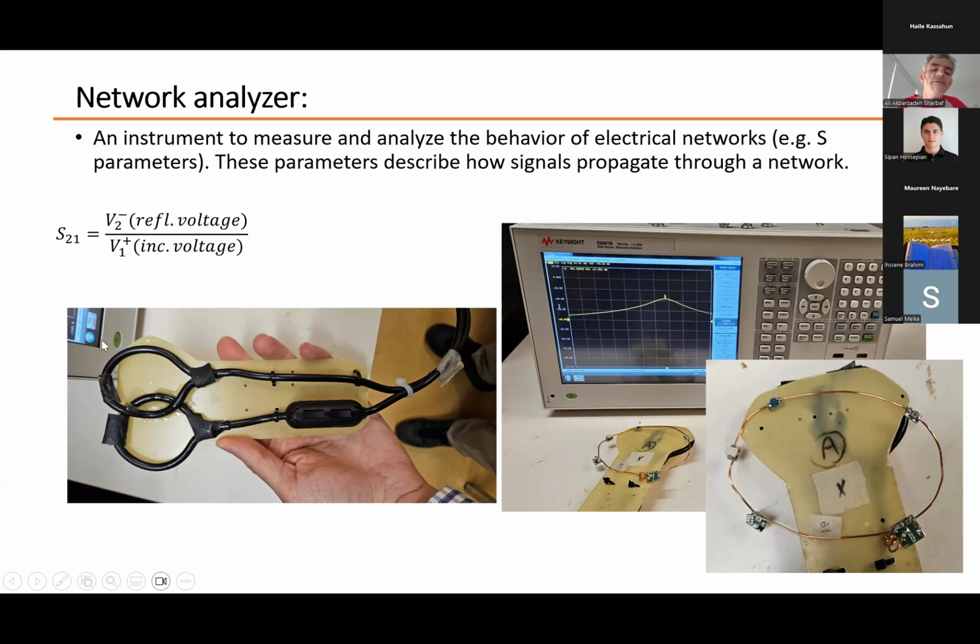The magnetic field induces a current in the second loop, and the current goes back to the network analyzer, which computes this ratio over a wide frequency band.